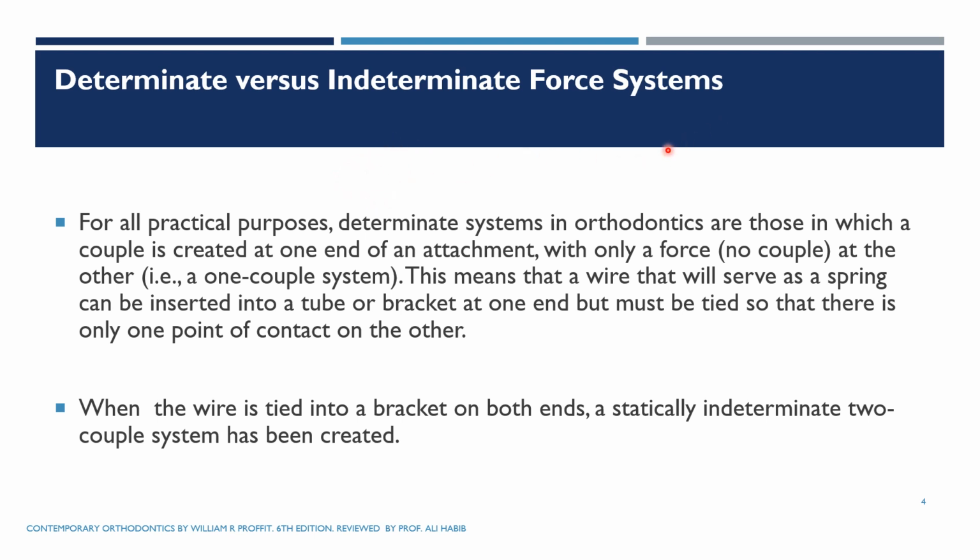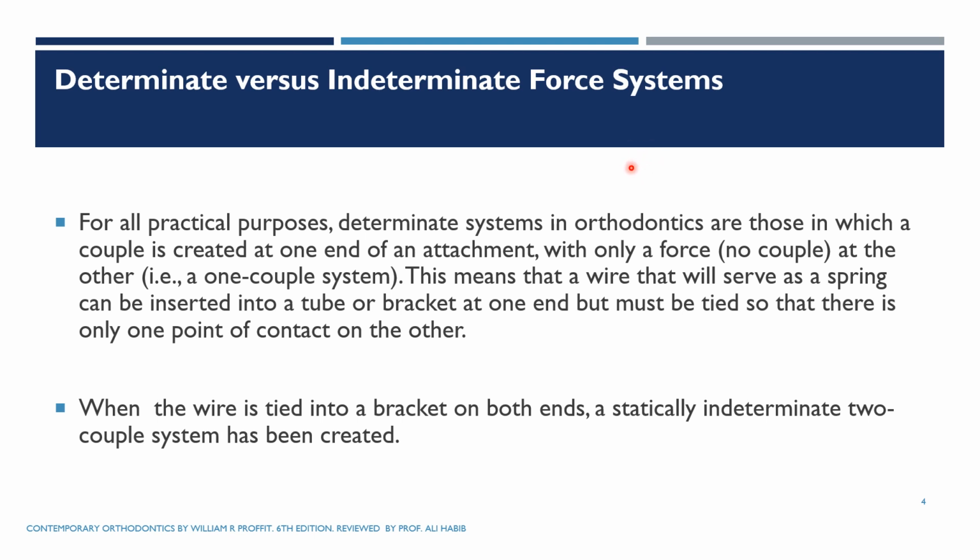On the other side, you don't have to engage the wire in the brackets, because if you engage a rectangular wire in the brackets, this will create a couple. Instead, you insert a stabilizing arch wire in all the brackets of the anterior teeth, and then you tie the intrusion arch wire over this.